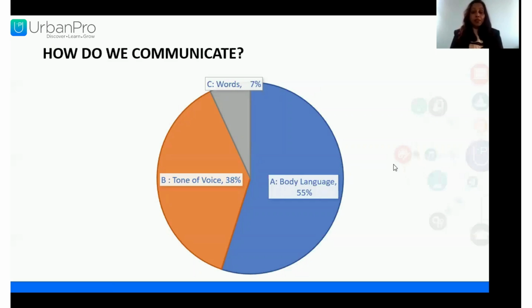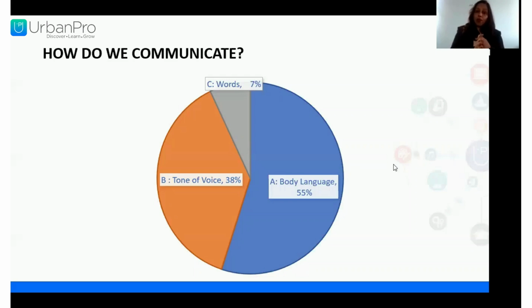Isn't it surprising that body language has 55% importance when you are saying something? As I already said, how you are standing when you are doing a presentation on the dais, where are your hands, where is your head, and how much movement you are making on the dais. That all makes the complete presentation skills.